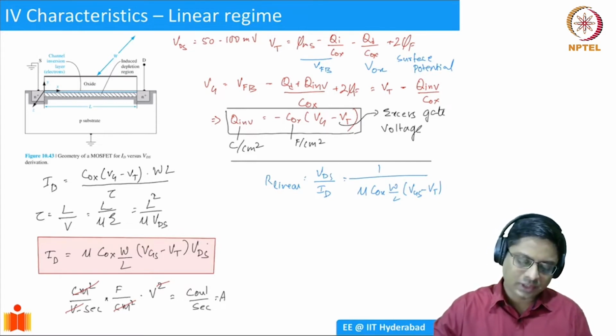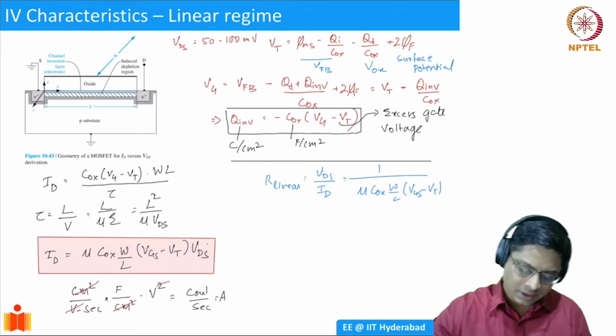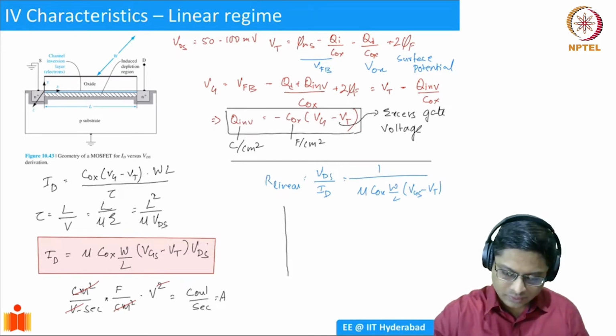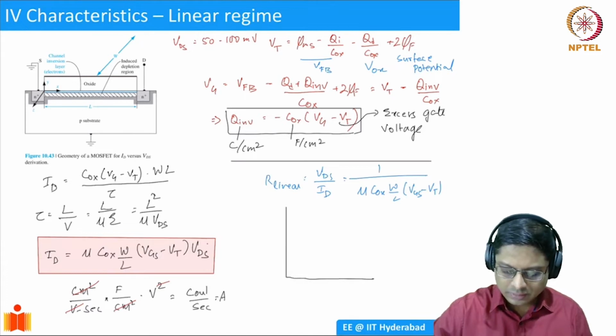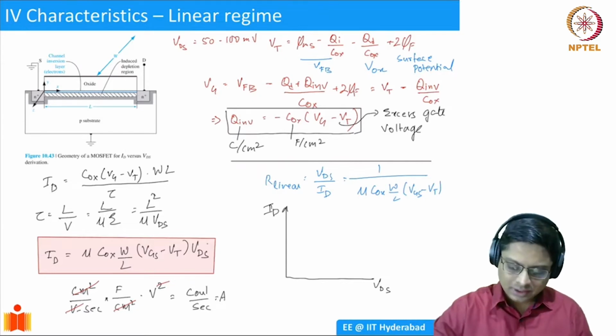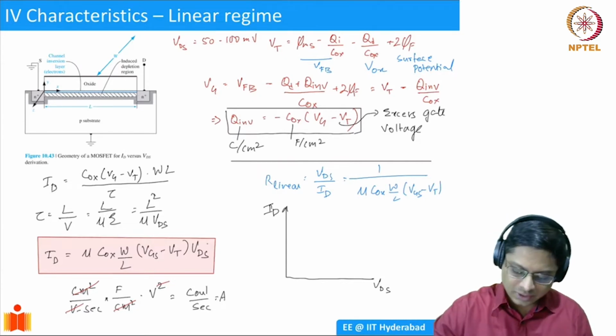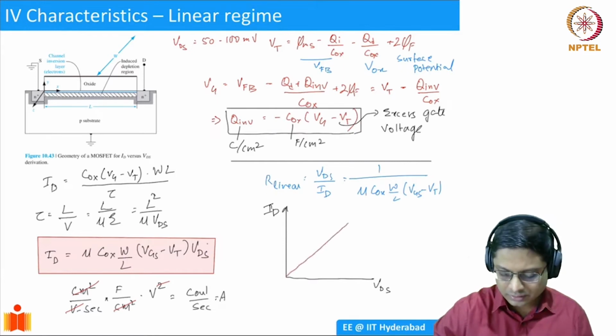So what does this tell us? If you take a MOSFET in the linear regime, that means you plot VDS versus ID, the relation is linear, and you get a curve which looks like this.